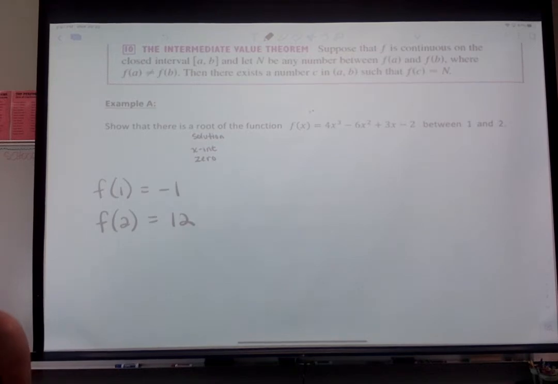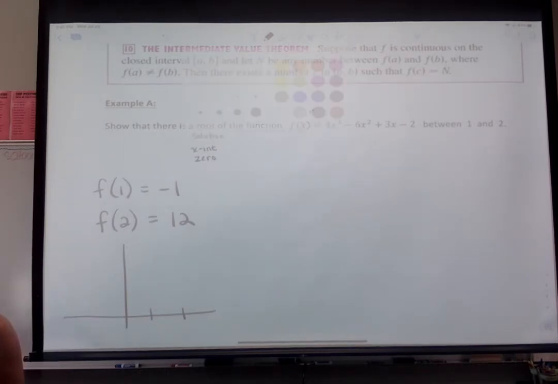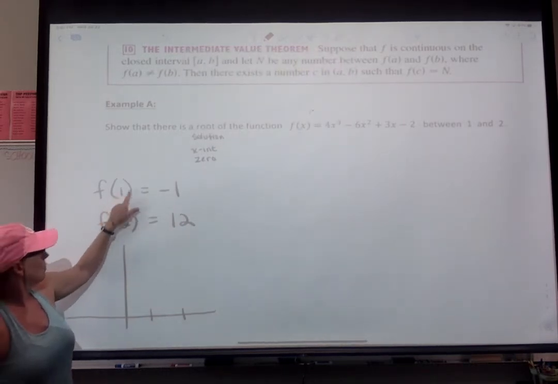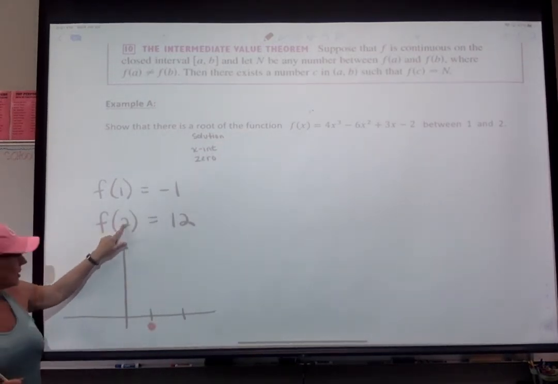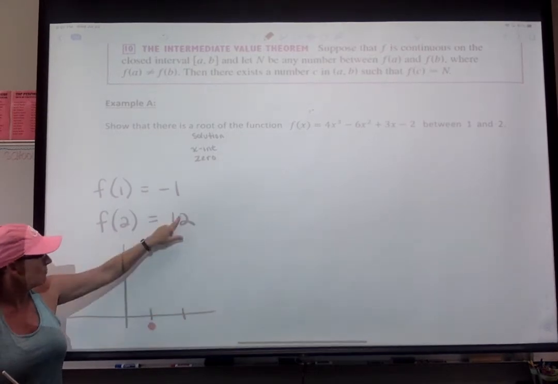So here's what we know so far. At x equals 1, my y value is -1. And at x equals 2, my y value is 12.